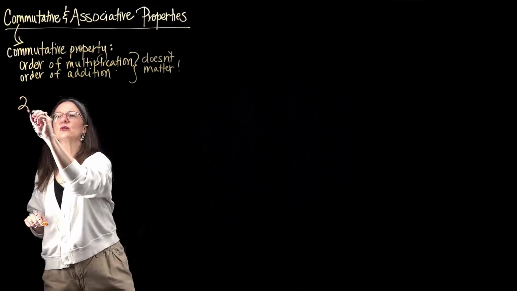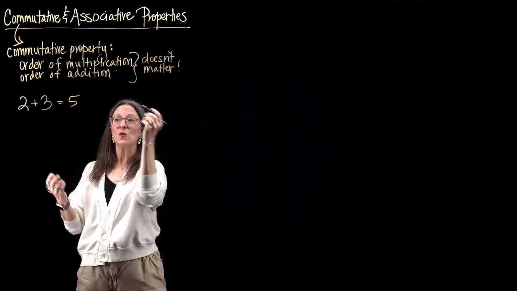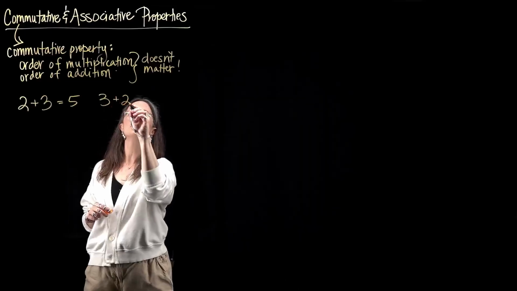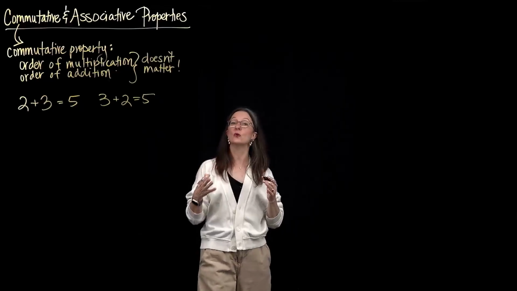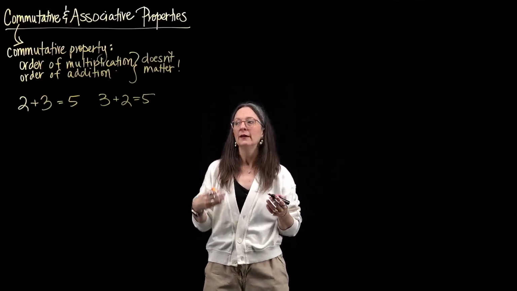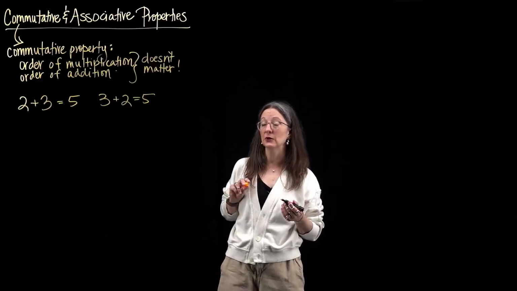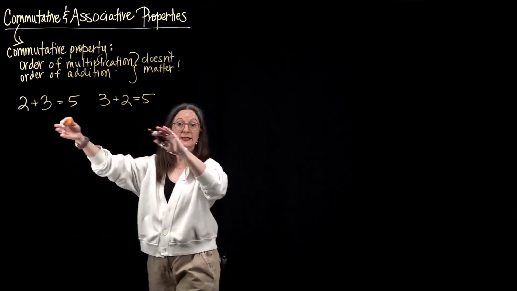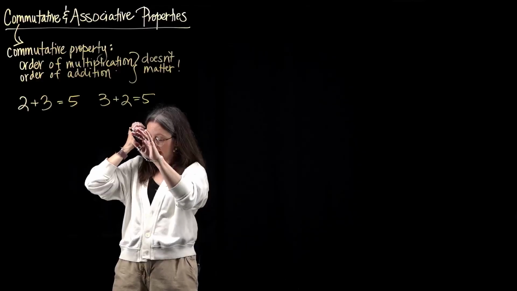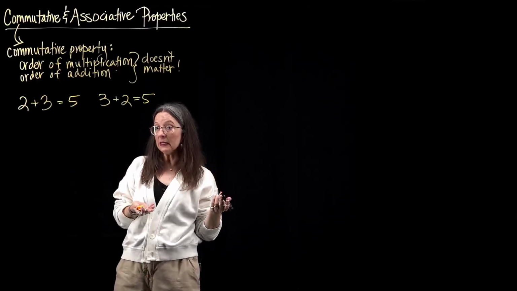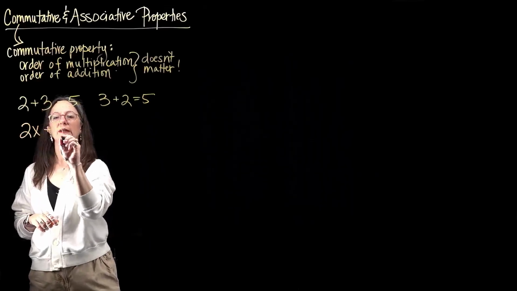We know that 2 plus 3 is 5 the same way that 3 plus 2 is 5. We know that we can reverse the order of addition and get the same thing, right? We know that when it's numbers. This is our commutative property of addition. Now, a place where you might see it is when it's 2x plus 3y.